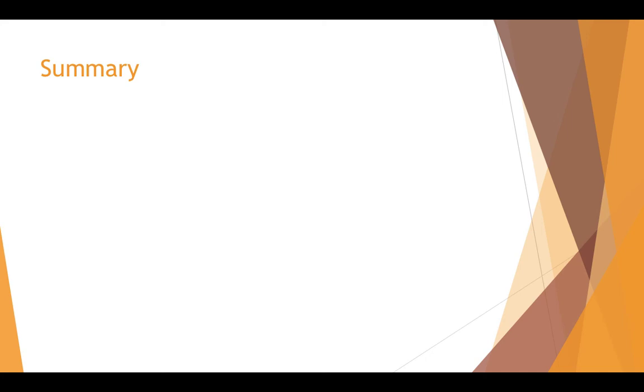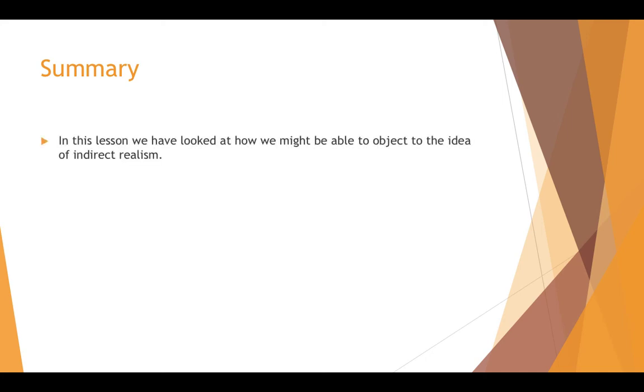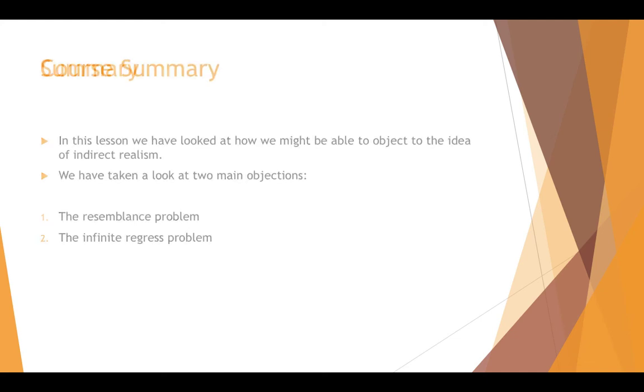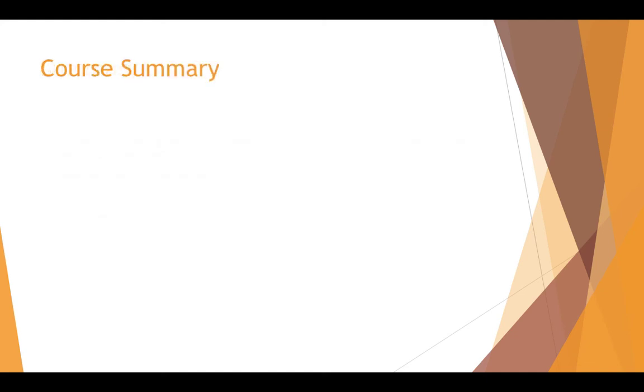So in summary, for indirect realism, we've looked at how we might object to the idea of indirect realism. We've taken a look at two main objections: the resemblance problem and the infinite regress problem. And as a course summary, we've taken an introductory perspective of the philosophy of perception.